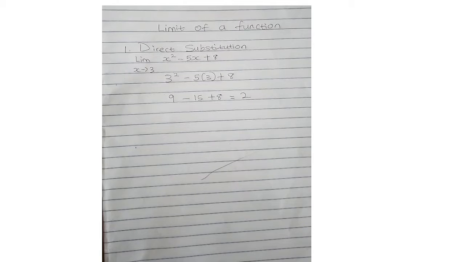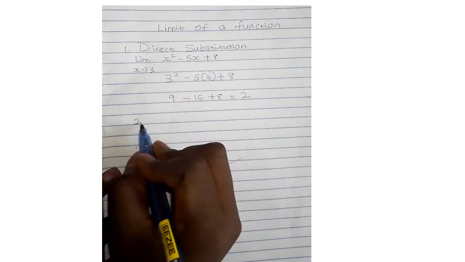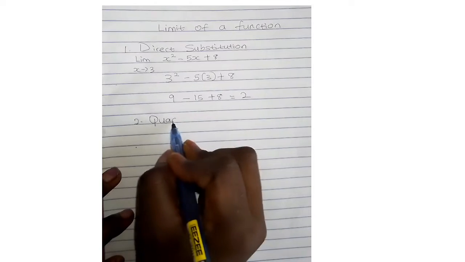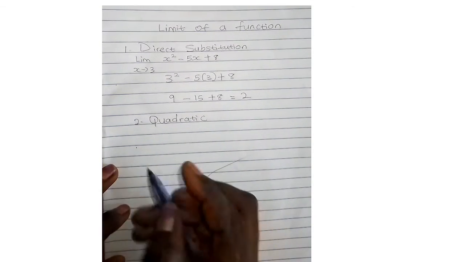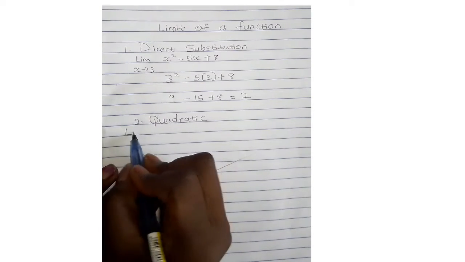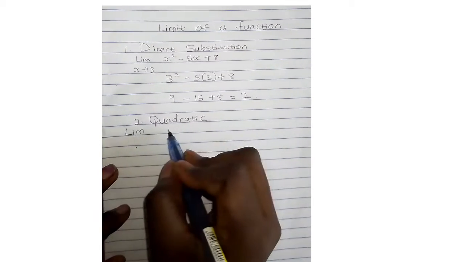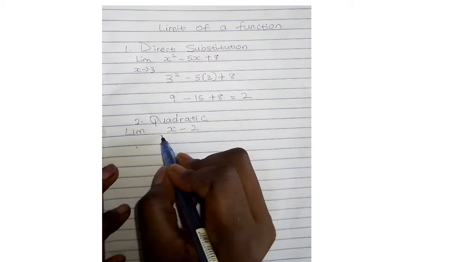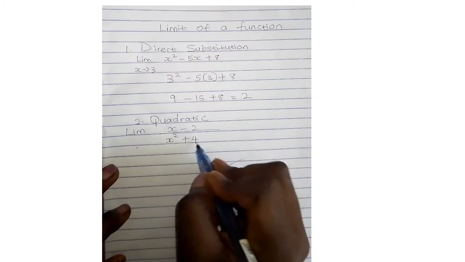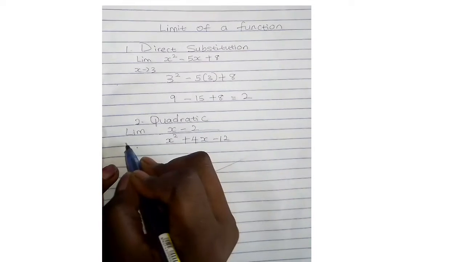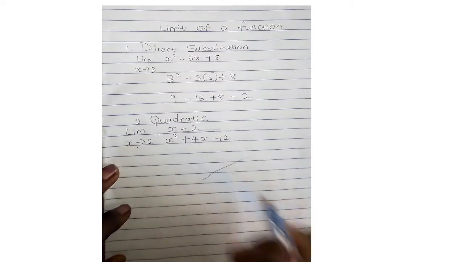The next method is the quadratic method. So let's take a question. We have the limit of x minus 2 over x squared plus 4x minus 12 as x approaches 2.